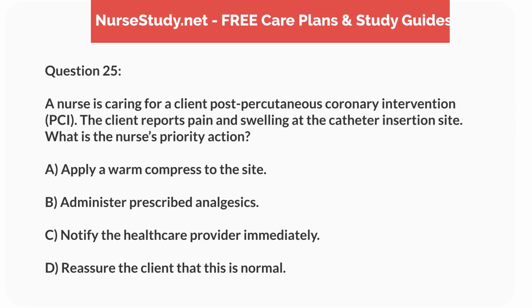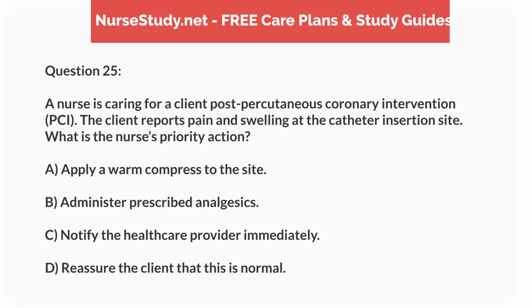Question 25. A nurse is caring for a client post-percutaneous coronary intervention, PCI. The client reports pain and swelling at the catheter insertion site. What is the nurse's priority action? A. Apply a warm compress to the site. B. Administer prescribed analgesics.